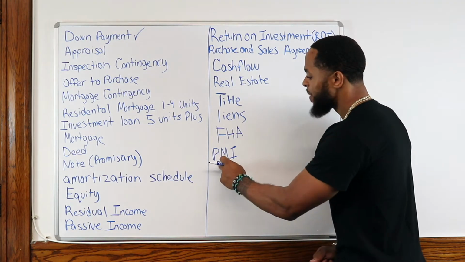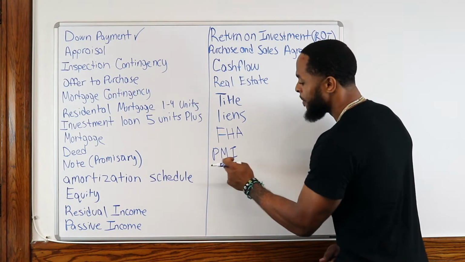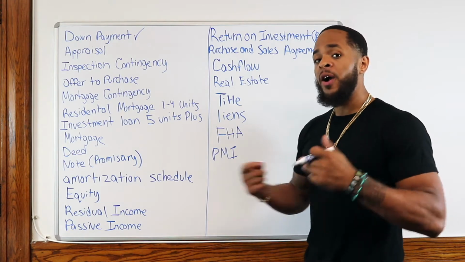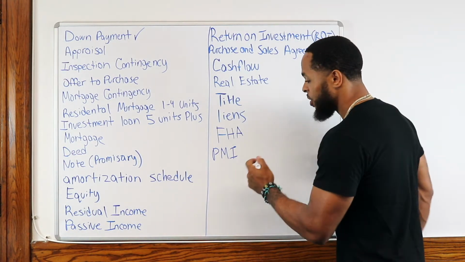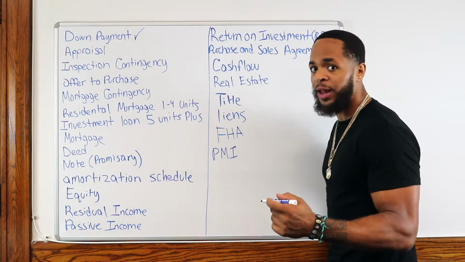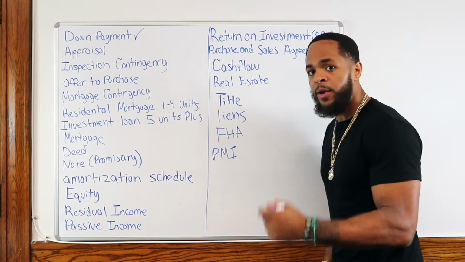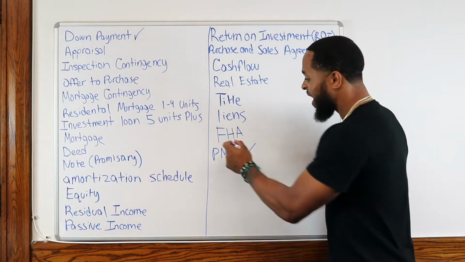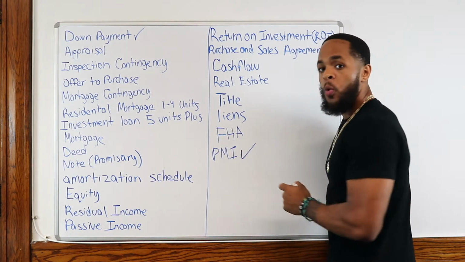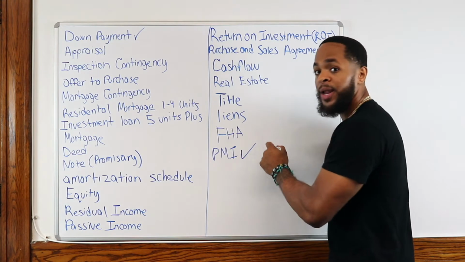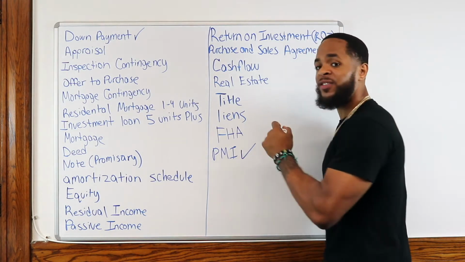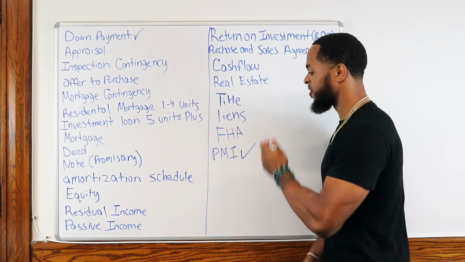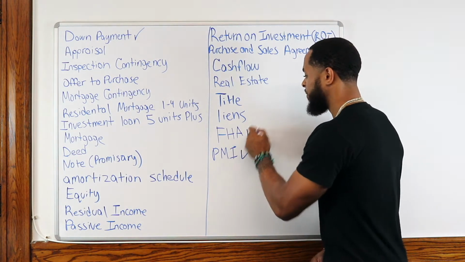Now, PMI is private mortgage insurance, which means every single month you pay an additional couple hundred dollars to protect the bank in case you fail on that loan. The bank will still get paid on that private mortgage insurance. So that's FHA, Federal Housing Administration. It will give you a 3.5% down payment in return for you paying PMI, which is private mortgage insurance.